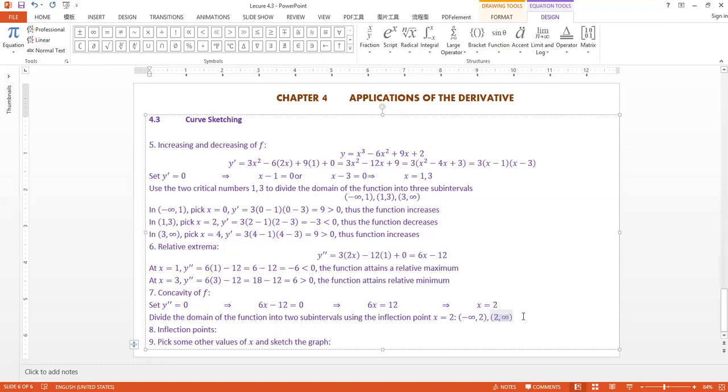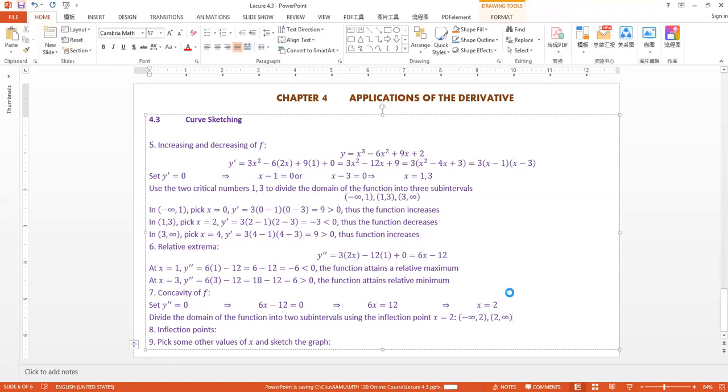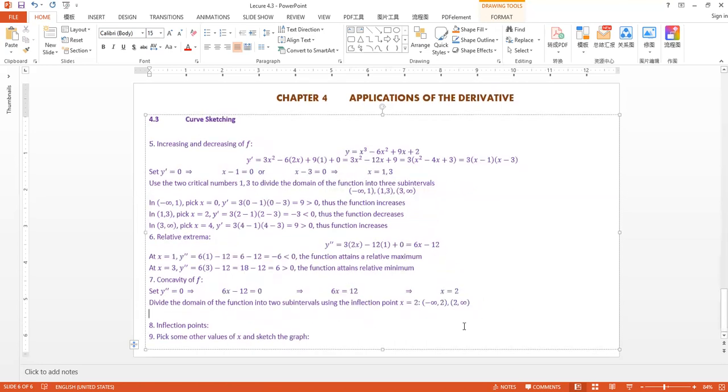We only get one inflection point, so it just splits the whole domain into two subintervals. And then we just test the sign of the second derivative in each subinterval.